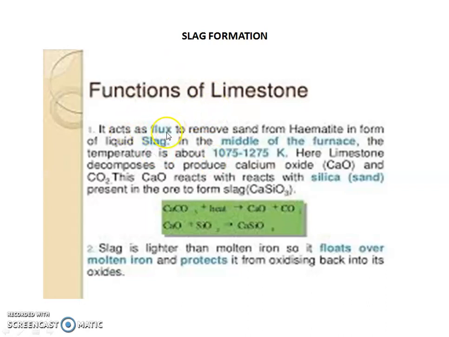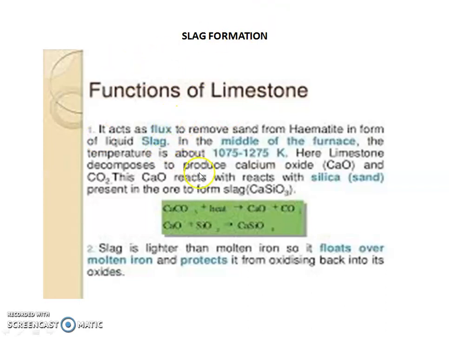It acts as flux to remove sand from hematite in the form of liquid slag. That means liquid slag is molten slag, and it can be removed through some pipe, so that we can get the molten metal.